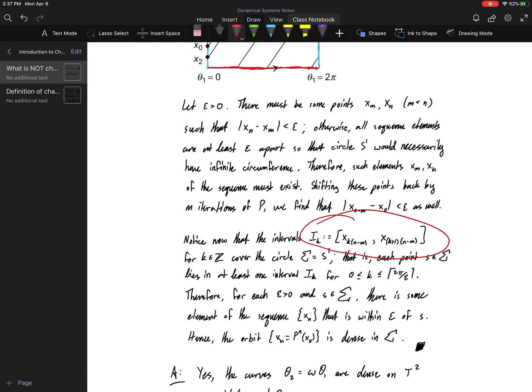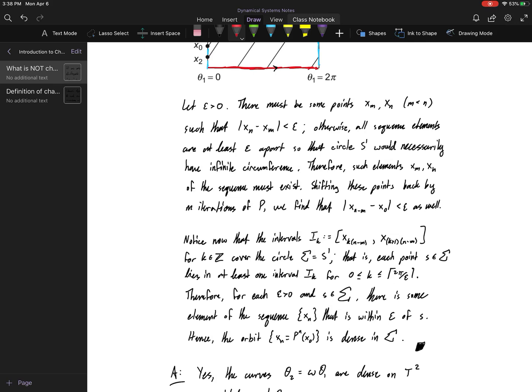So notice that these intervals, again, they're arcs on the circle, these I_k's, and it's just telling you how many times you have to iterate to get to the next element of the sequence, the next guy that is epsilon away from the previous. So these intervals are going to build a cover for the circle sigma. Each point in sigma has to live in at least one of these intervals for some k.